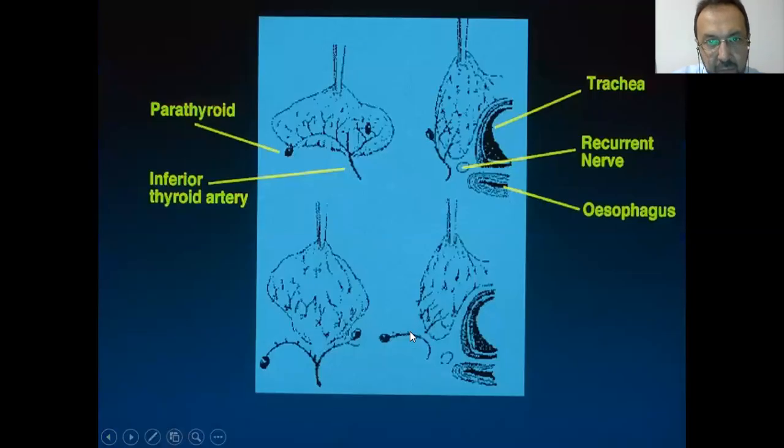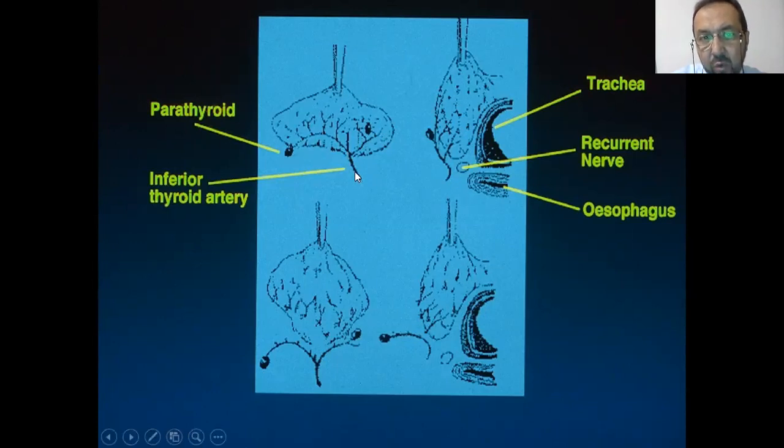This is a very, very important sketch that shows us that the inferior thyroid artery is the main supply of the inferior as well as the superior parathyroid glands through branches, and that's why the inferior thyroid artery should not be ligated away from the gland, as the classical teaching was many decades ago, because this will compromise the blood supply of the parathyroid glands as well.